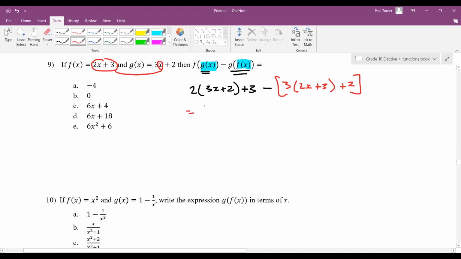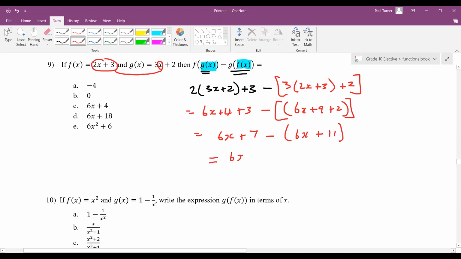So this will be 6x + 4 + 3 minus, 3 2s are 6x, 3 3s are 9, plus 2. So we'll have 6x + 7 minus (6x + 11).